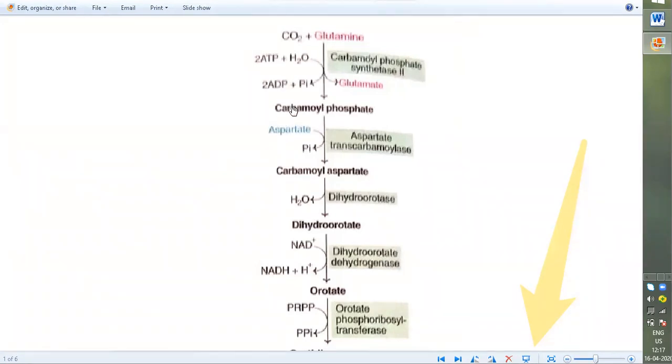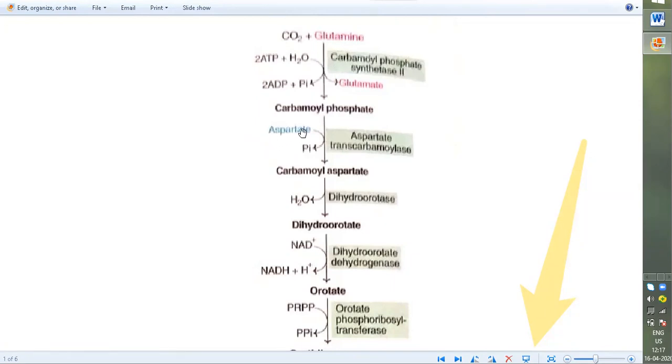Carba means the carbon obtained from carbon dioxide, and moyl means the amine group obtained from the glutamine source, along with one phosphate obtained from ATP. The enzyme here is carbamoyl phosphate synthetase 2. Since we are forming carbamoyl phosphate, it is called a synthetase enzyme.